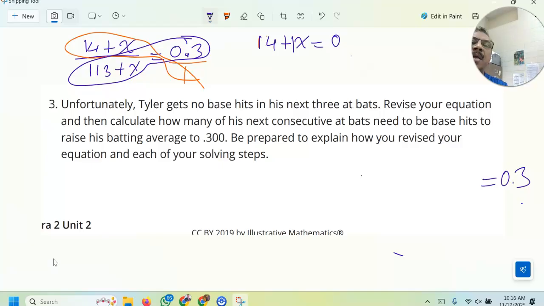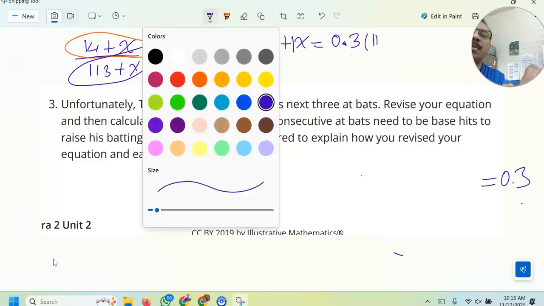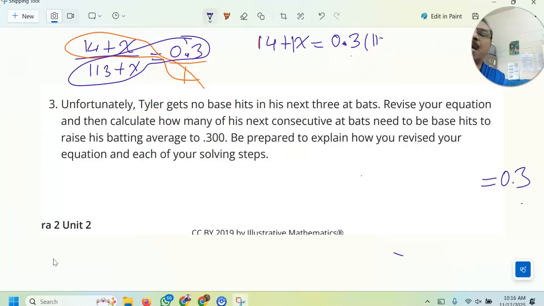Well, let me write one step here. So this will be 1, 1, 1, 1, 1, 3, plus x.